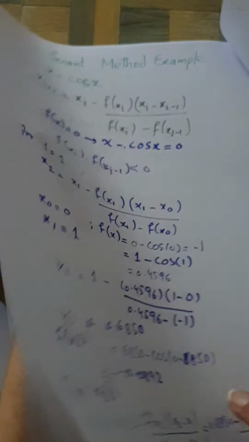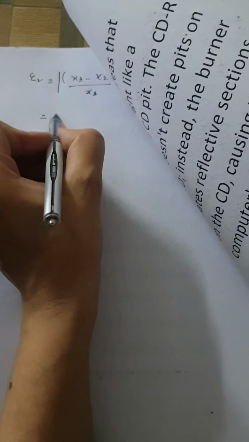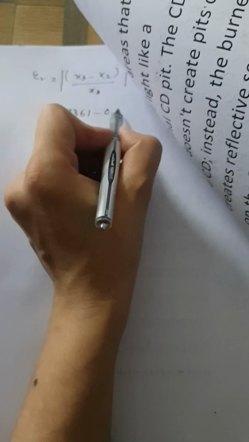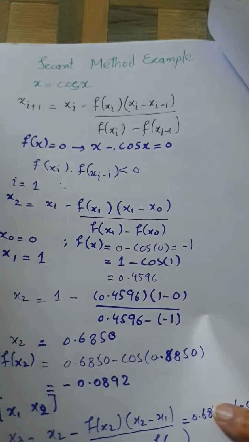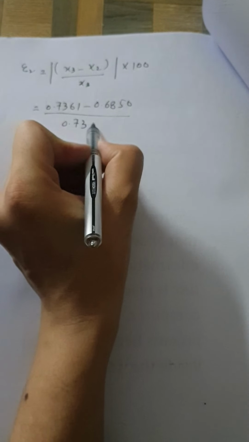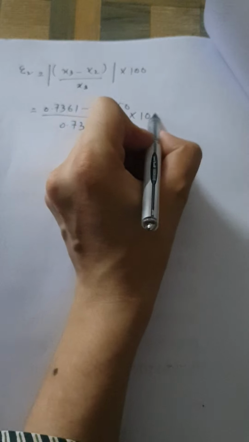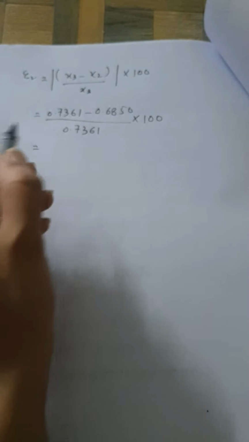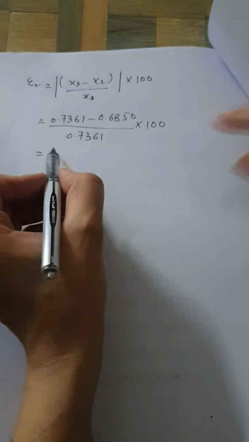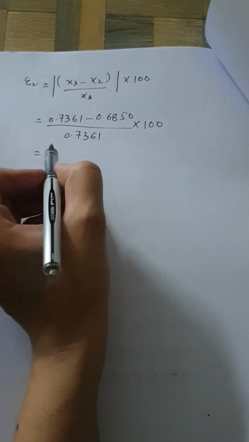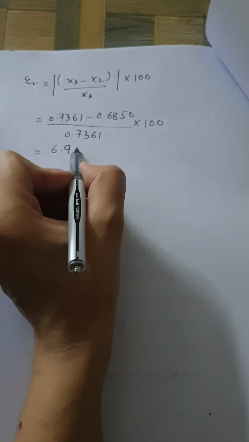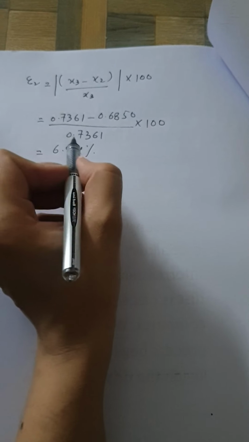In place of x3 we substitute 0.7361 minus x2, which was equal to 0.6850, divided by 0.7361, times 100. When you simplify this expression, the relative approximate error comes out to be only 6.94%, which is very small.